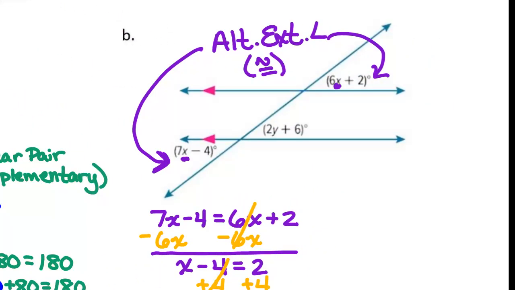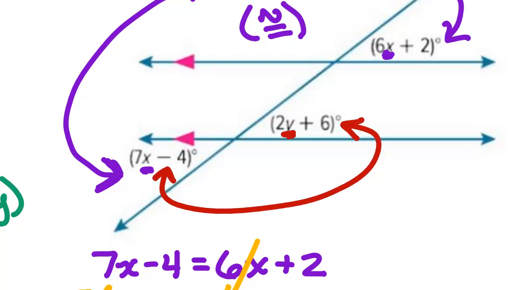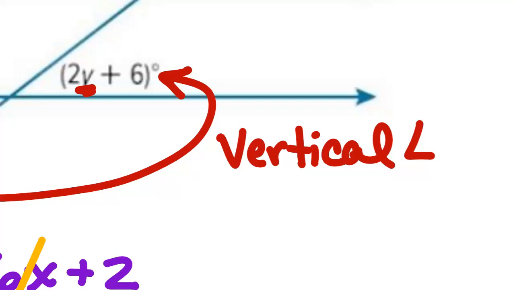And then I'm supposed to find y. Well, y is right here. What do we call this pair of angles? Vertical angles. What's the relationship between vertical angles? Congruent.